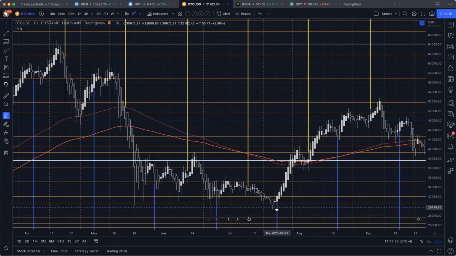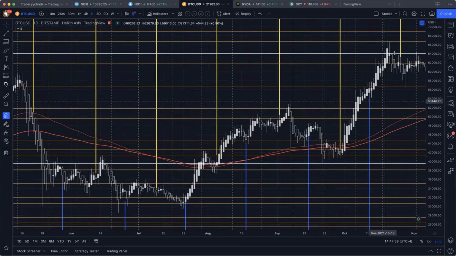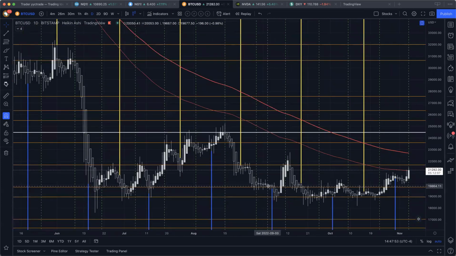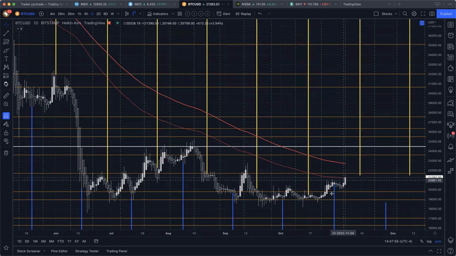And that was the trigger for this pump from 30 up to 52. And then, of course, it went on to 64 after that. But this was a really huge trigger point for Bitcoin. So keep an eye on those Gann waves. And when we see that kind of pump coming right after a Gann wave blue, that may be the start of something big. Okay, so that's Bitcoin.